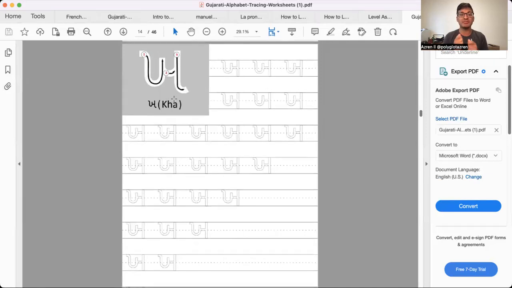If you're struggling to aspirate that K sound and to get a really strong K, there's a way you can practice it. What you want to do is try whispering after you say K. So you go ka, ka.